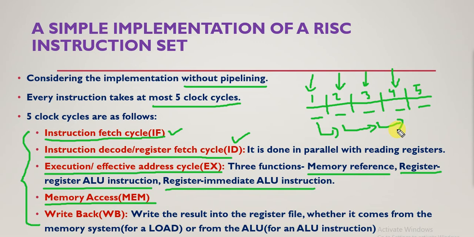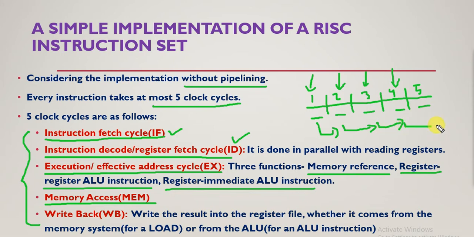Not all instructions require memory access. Whenever it requires data from memory, it goes into the fourth clock cycle, called memory access. Only if it requires data from memory will it go for memory access. If an instruction does not require it, it skips that clock cycle operation.